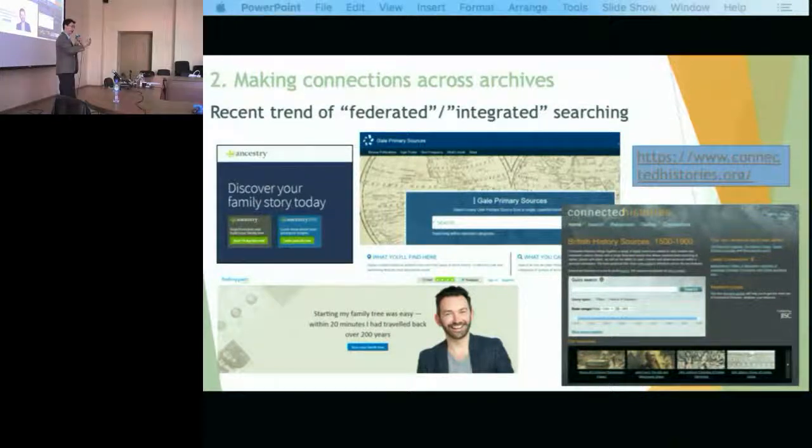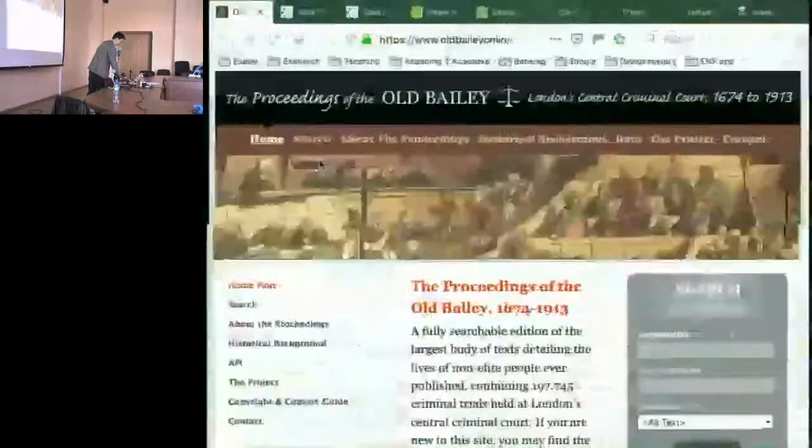Essentially kind of putting across the archives, if you like. It's essentially Google, but for historical records, right? So that trend towards integrated, federated searching has been well used in things like Ancestry.